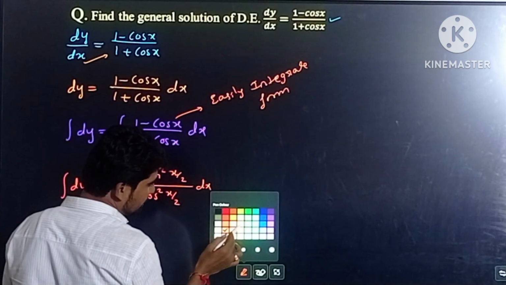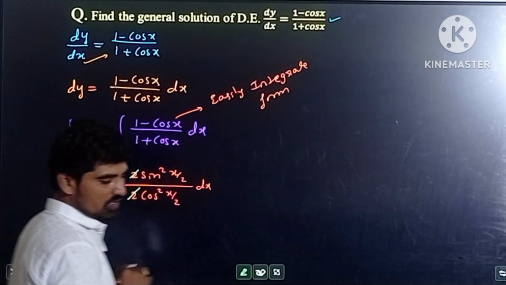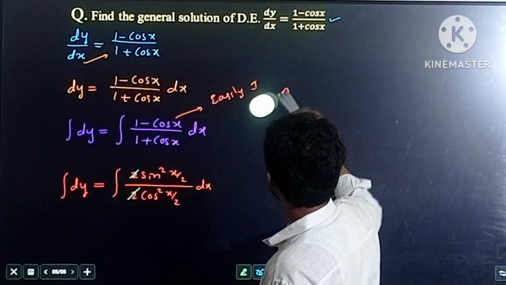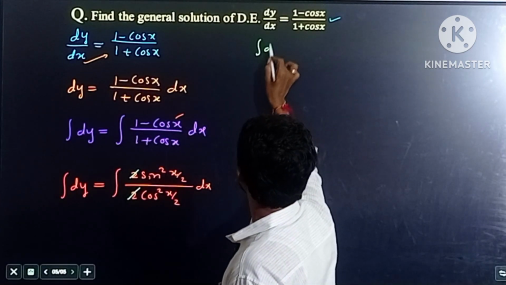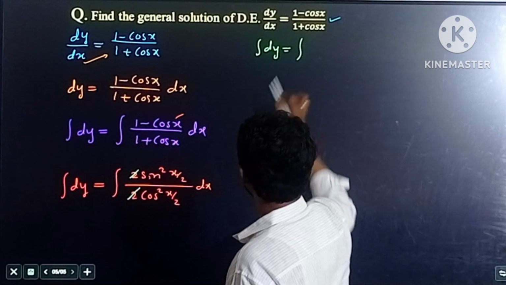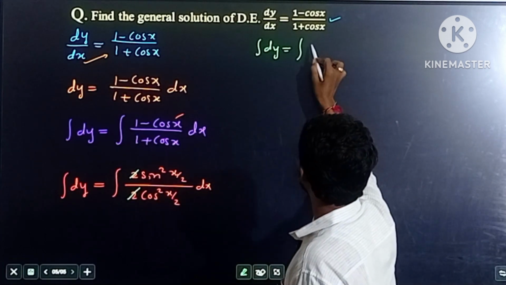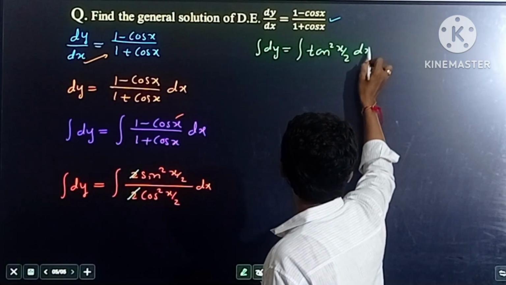Now on the RHS, I can cancel 2 from numerator and denominator. So finally, we got the integration of dy is equal to the integration of sin square x by 2 divided by cos square x by 2, which is tan square x by 2, with respect to x.